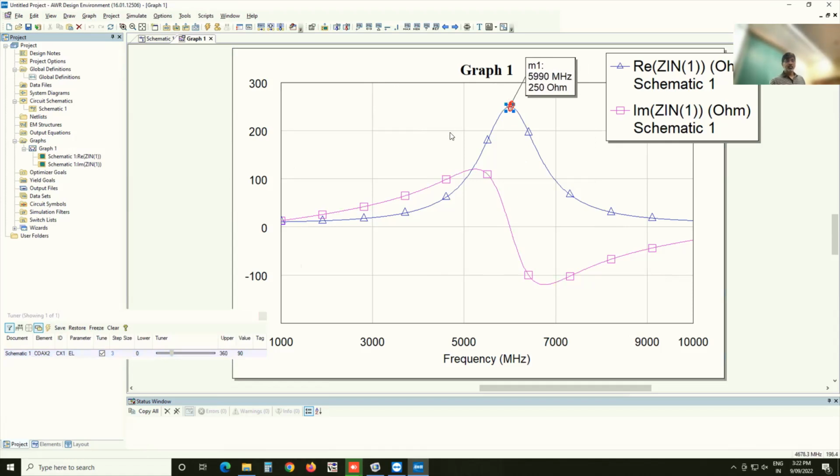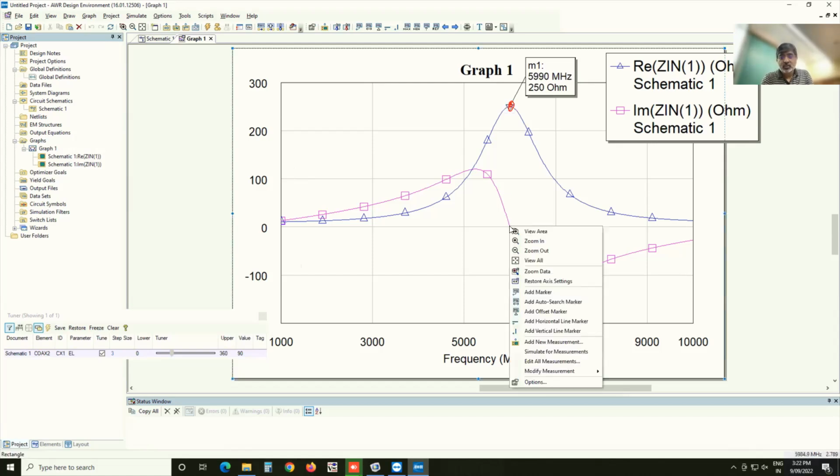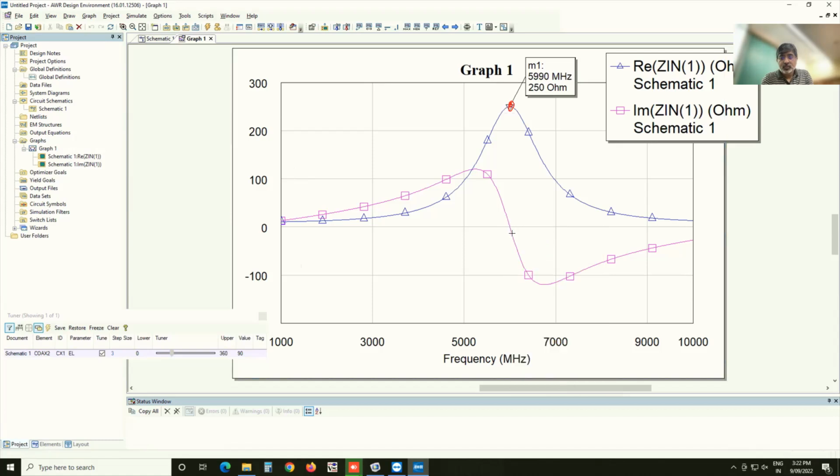But exactly at this point, the imaginary part is 1.2 times 10 to the minus 9, basically it's 0, right?